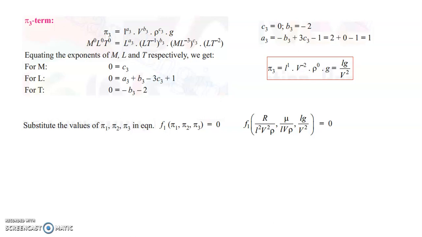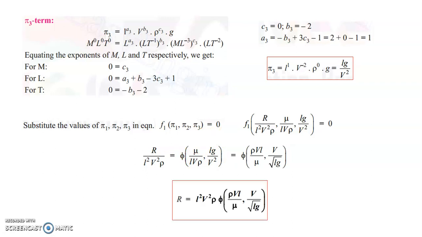We are supposed to get the equation in terms of R. I'll take out R divided by L square V square rho outside of this bracket. Finally, you can multiply L square V square rho to this side, or you can also rearrange the terms within the bracket, but that is optional. R is L square V square rho into a new function phi of rho V L divided by mu, comma V divided by square root of L g. This is the solution for the given problem.